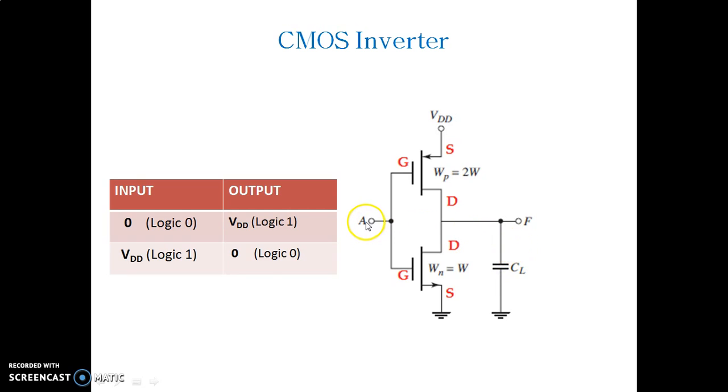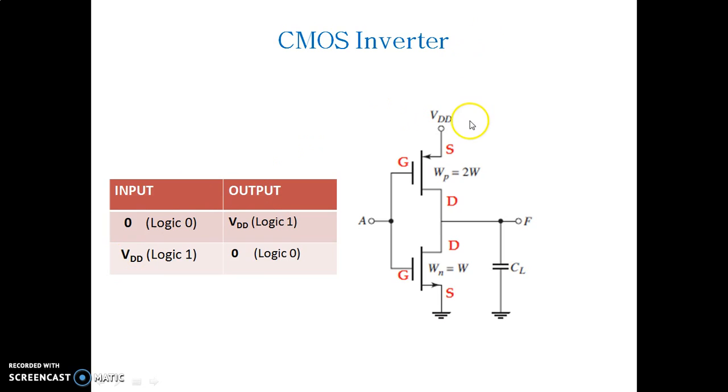A is the input where we provide the input, either logic 0 or logic 1. As per the truth table, for an input of logic 0, we will get an output of logic 1. For an input of logic 1, the output is 0, wherein logic 0 is equivalent to 0 volts in terms of electrical parameter. For logic 1, we assign VDD, which is equal to 5 volts.